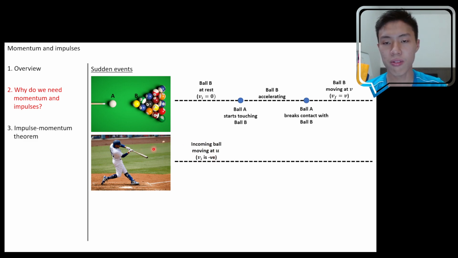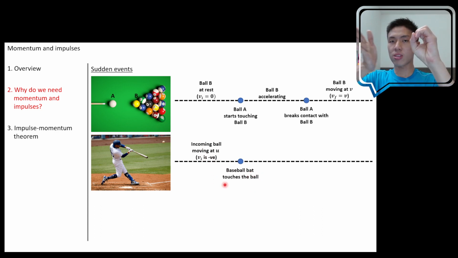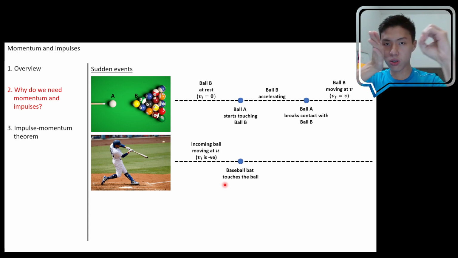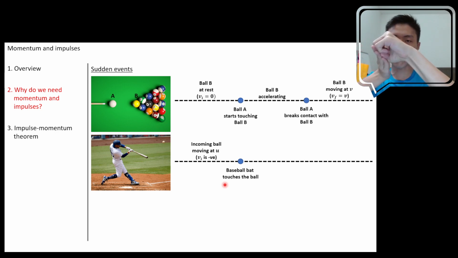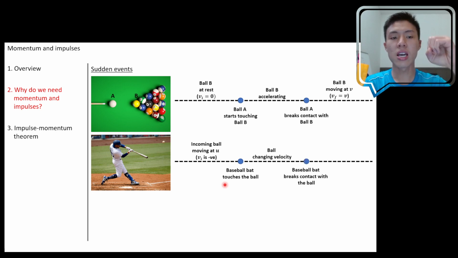But once the baseball bat starts to be in contact with the ball, the ball undergoes a change in velocity from moving to the left to moving to the right. The ball is changing velocity until the point where the baseball bat breaks away from the ball.